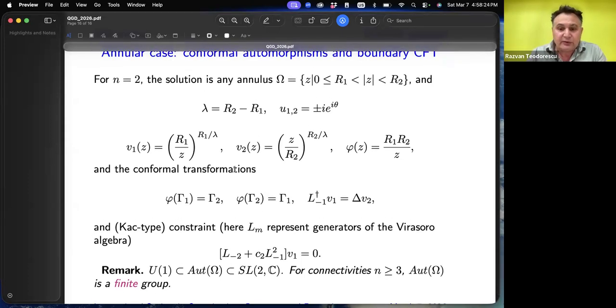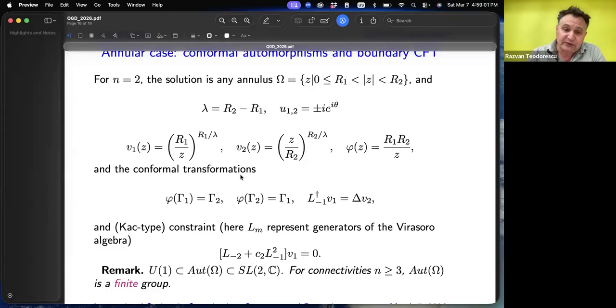Just to, let's say, do a cost analysis of the whole exercise, one can look at the group of conformal automorphisms of such an annular domain, and assuming that this length parameter lambda has been fixed, which means we do not allow for dilations, all that is left are rigid rotations and inversions with respect to a mid-circle of radius square root of R1 R2.